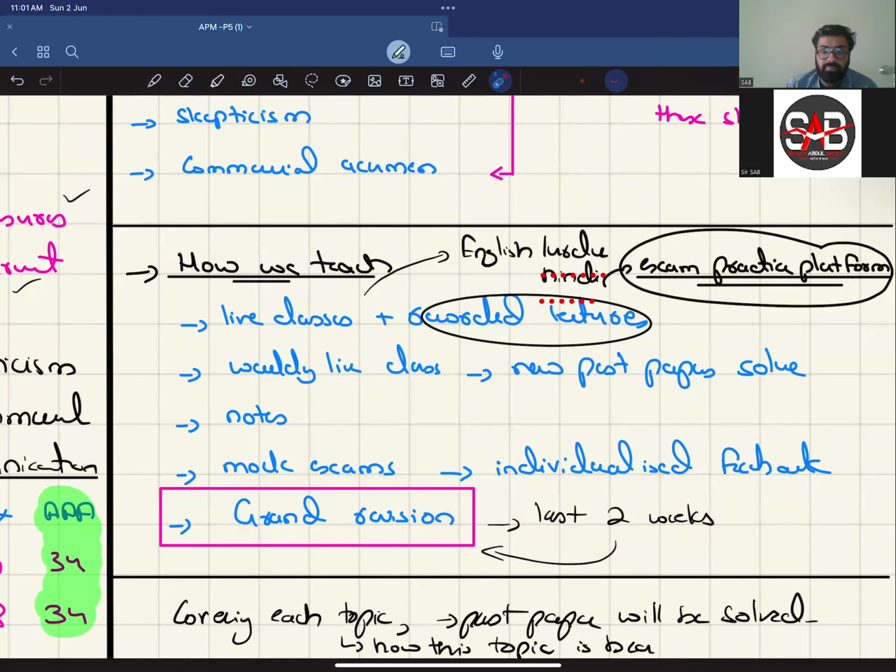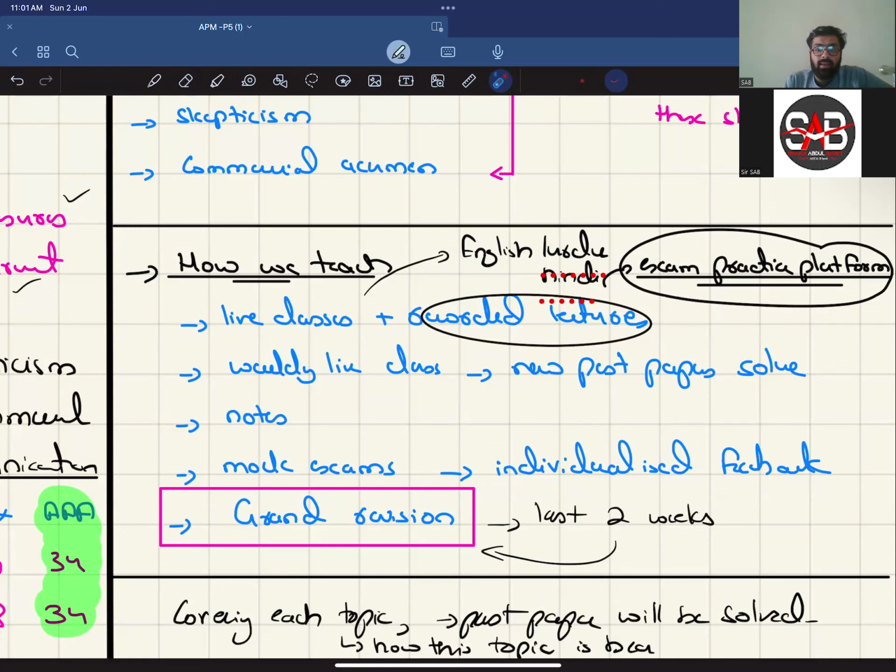This is how you're going to learn this paper. Reading only theory without attempting the past paper is not a good sign, I would say. So we'll go step by step. We'll discuss the theoretical aspects, then attempt the past paper, then again theory and again a past paper.